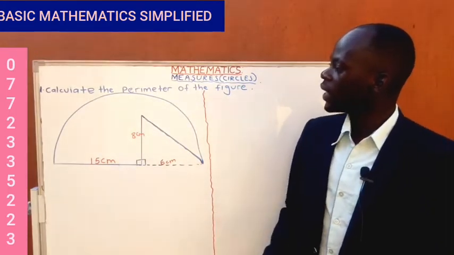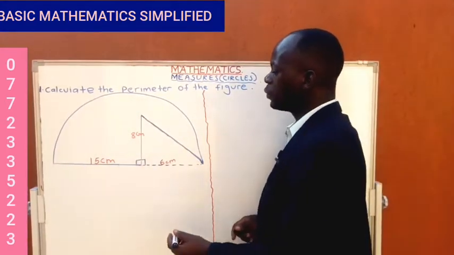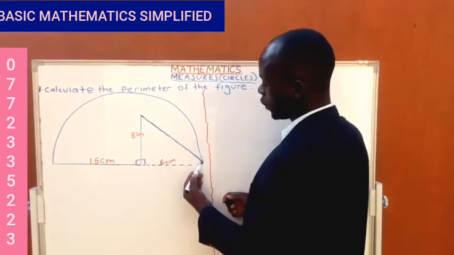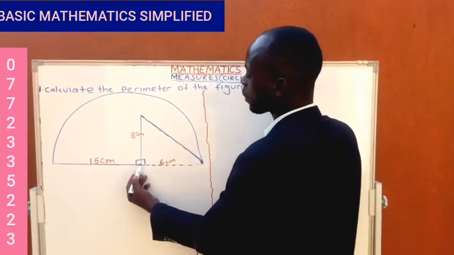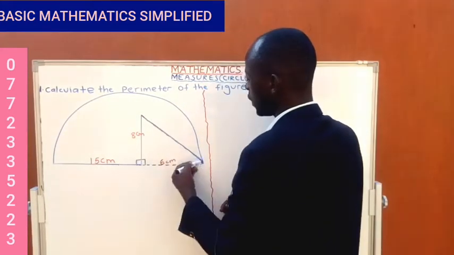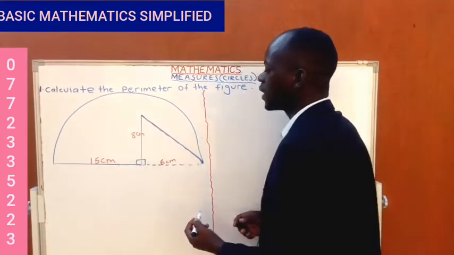Now, when they tell us to calculate the perimeter of this figure, you'll realize that you have to get the distance from here to there, from here to there, like that. That's the distance around the figure.